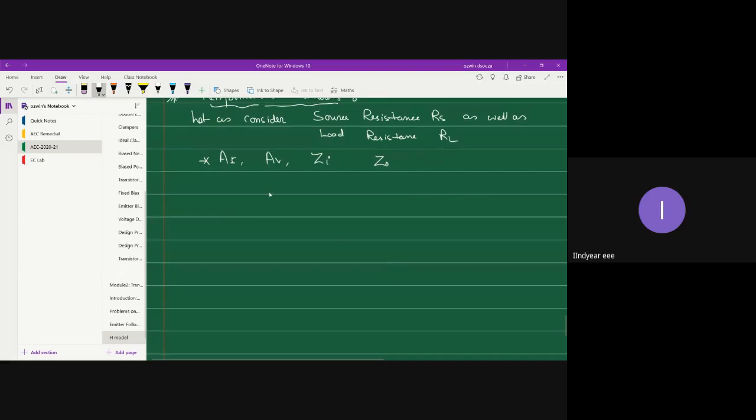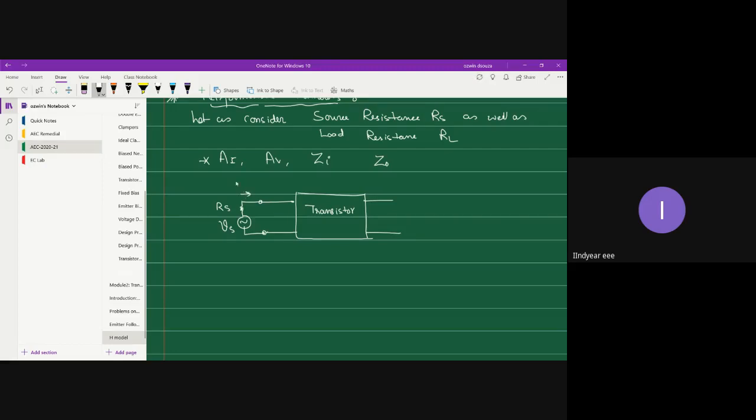Where exactly are you going to consider source and load resistance? So this is your transistor. This is on the basis of two-port network topology. This transistor is connected to the input, right? Let us assume a finite source resistance. This is Vs, and this finite source resistance, let's take it as Rs.